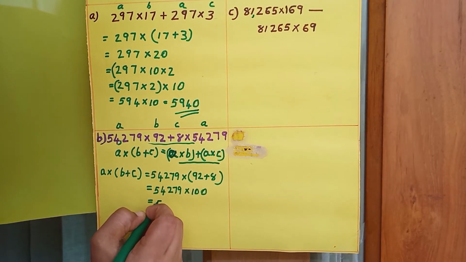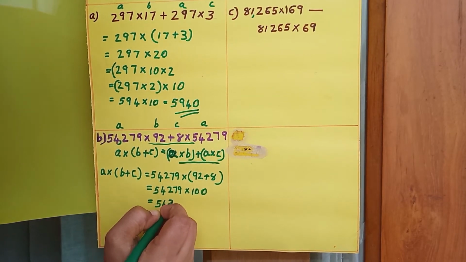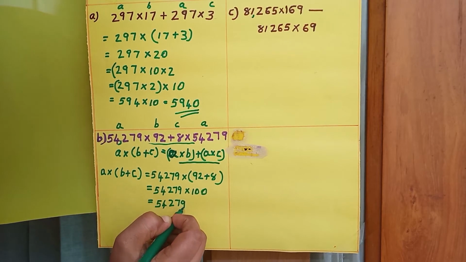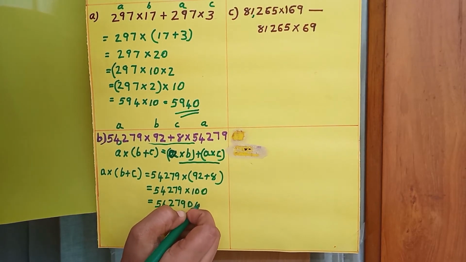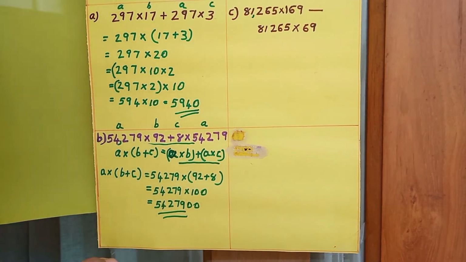So 54,279, just add 2 zeros. So we got the final answer.